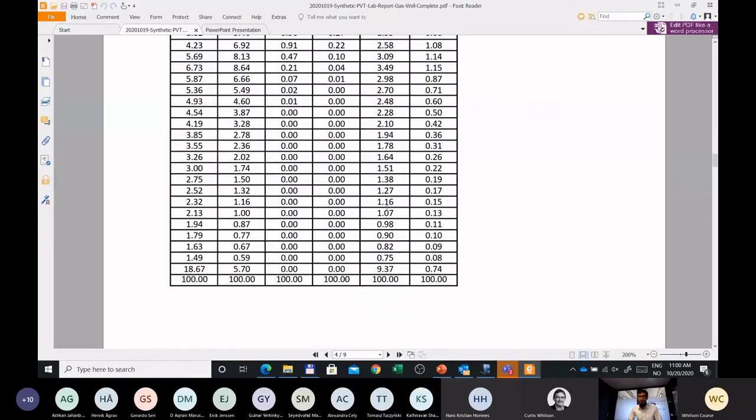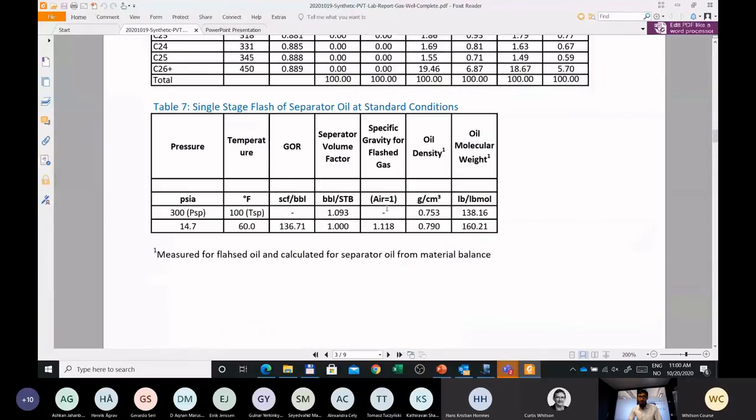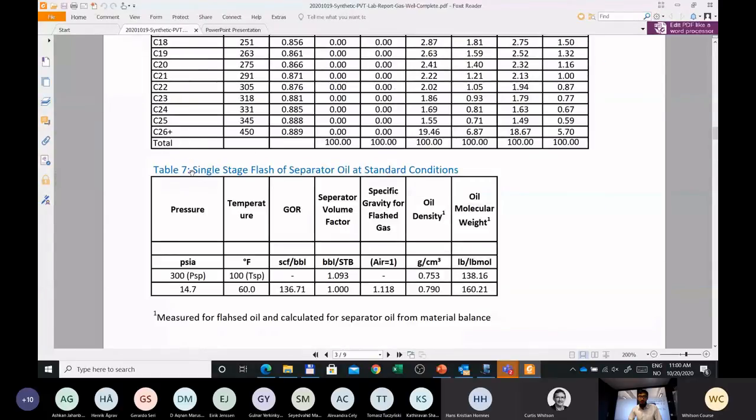we go and see if we have a single stage flash of the separator oil. Yeah, so we have this single stage flash of the separator oil at standard condition, and you can see the comment here that the molecular weight in this table is measured for the flashed oil and calculated for separator oil from material balance.